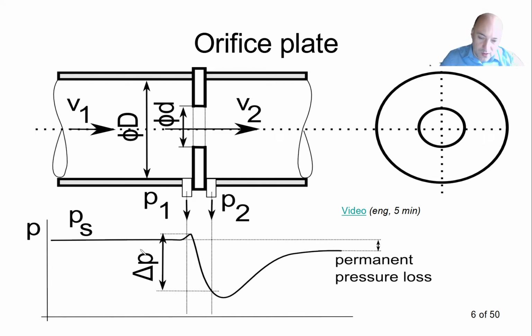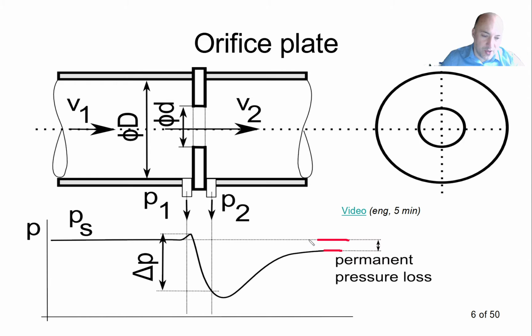Before we go to the calculation of delta P and the flow rate, here we note that there is some permanent pressure loss. We can imagine this pressure loss as the loss of energy, because here we will be creating some turbulence, and this energy will be wasted as heat.